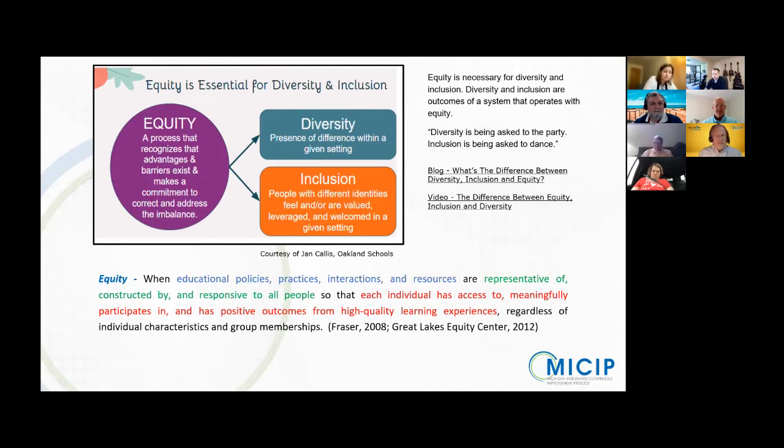At the bottom of this screen, you also see a definition for equity that comes out of the Great Lakes Equity Center. Dr. Sina Skelton, who was our keynote at last year's Continuous Improvement Conference and who is going to be returning to this year's conference, works with and is actually the head of the Great Lakes Equity Center. And so I'm going to give you just a second to actually read that definition to yourself.